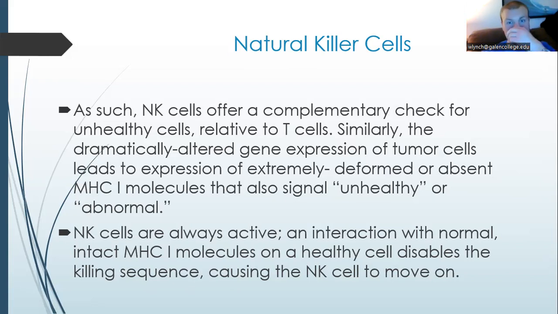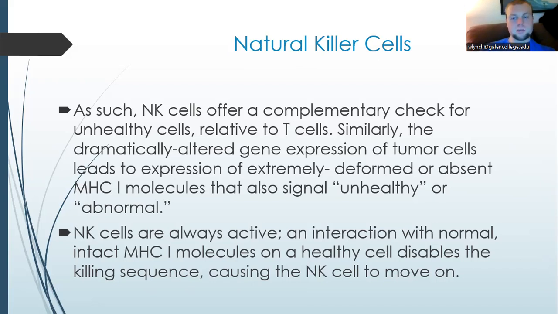So also with tumors, with cancerous formations, we have dramatically altered genetic expression for those tumor cells. That will lead to a deformed MHC complex. Natural killer cells are then able to target that tumor cell or that tumor growth and are able to try and destroy it. Right? Natural killer cells are always going to be active.